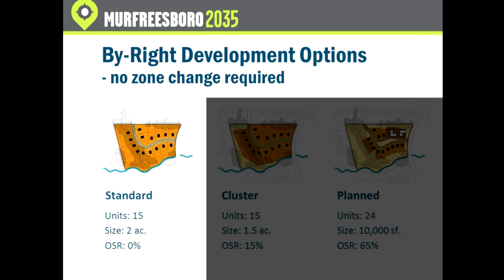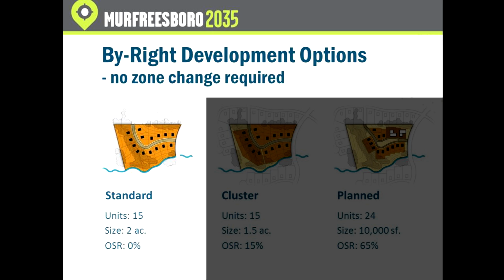And at the same time, enabling developers to preserve critical open space resources, forested areas, rivers, streams, wetlands, open space. So typically, your standard residential development might consist of, in this case, 15 units, 2-acre lots, and the parcels basically extend from the road frontage all the way back to the back property line.